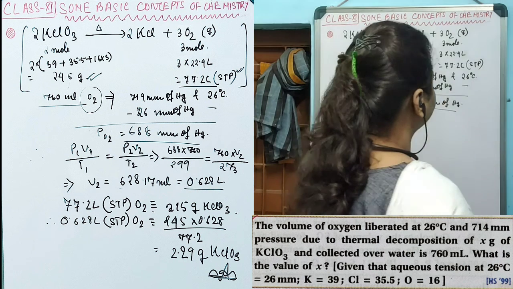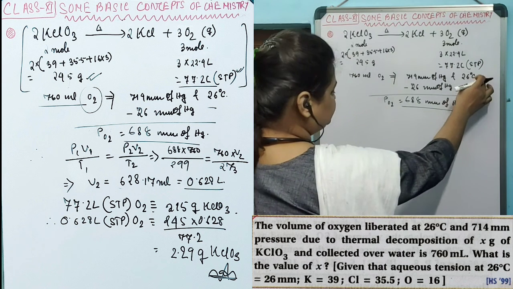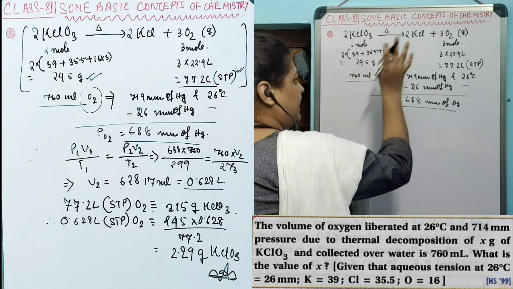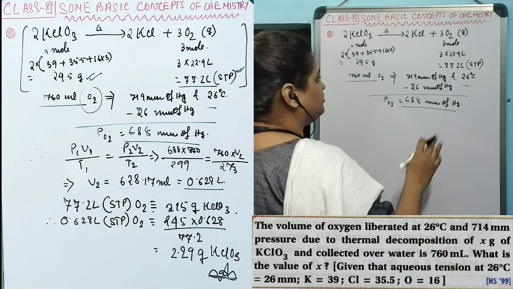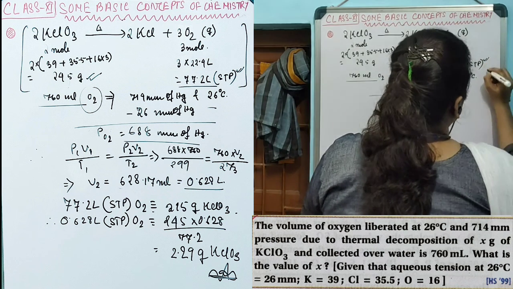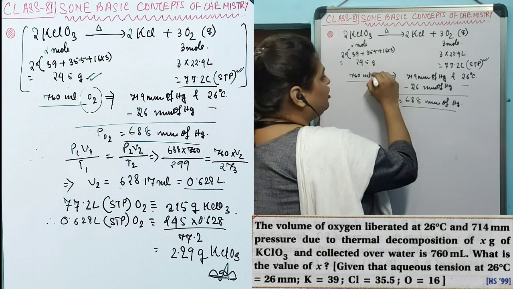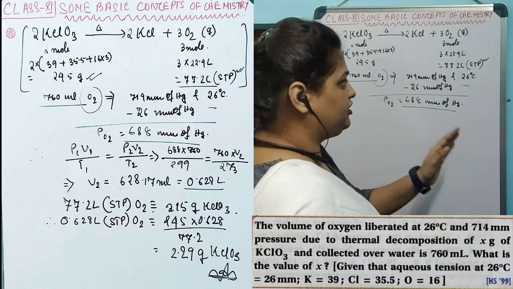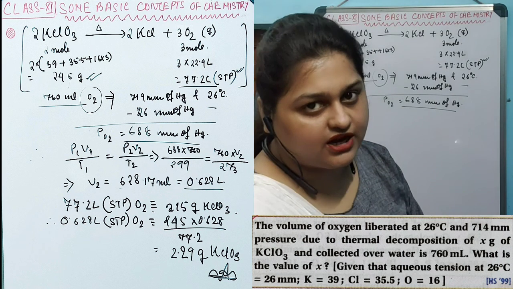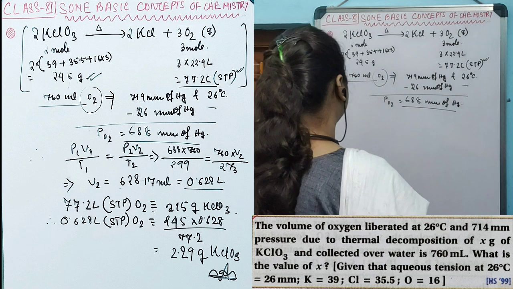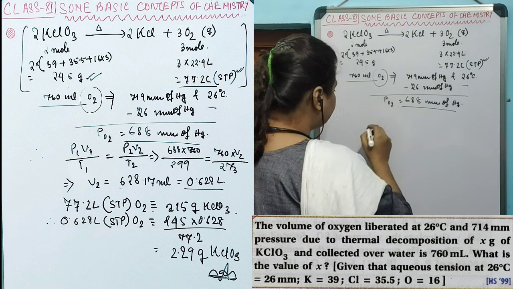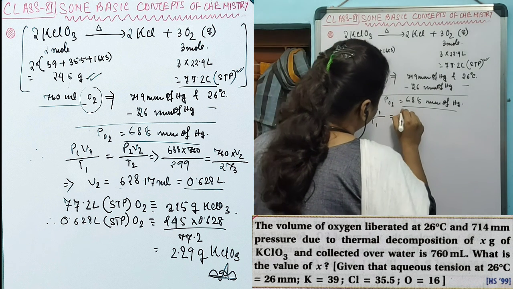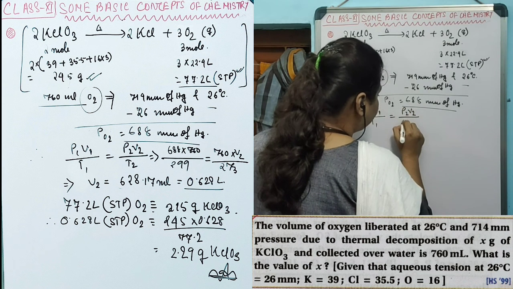Now, the temperature is 26 degrees Celsius, and at this temperature and pressure condition, the volume of O2 that has been produced is 760 ml. But we have to find out the corresponding volume for this amount of O2 at STP, that is 760 millimeter of Hg and 273 Kelvin or 0 degree Celsius. By applying the ideal gas law, P1 V1 by T1 equals P2 V2 by T2.